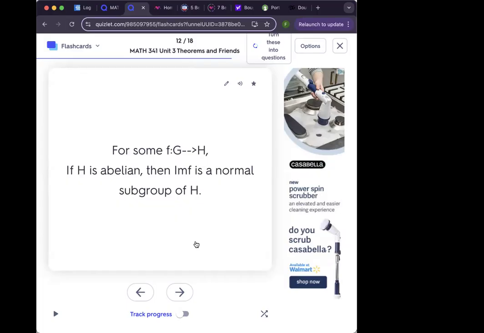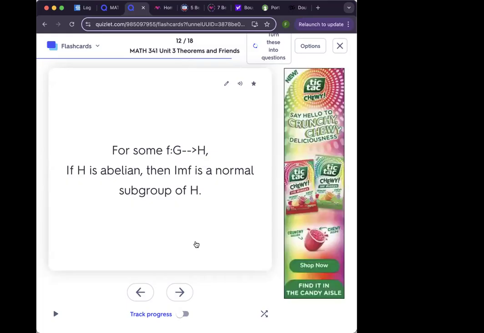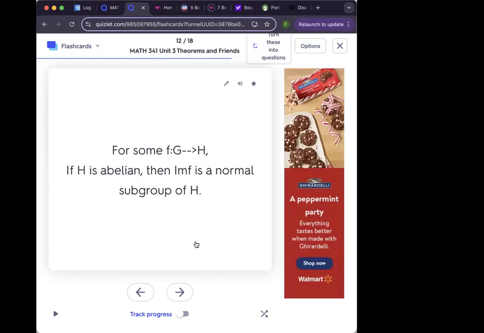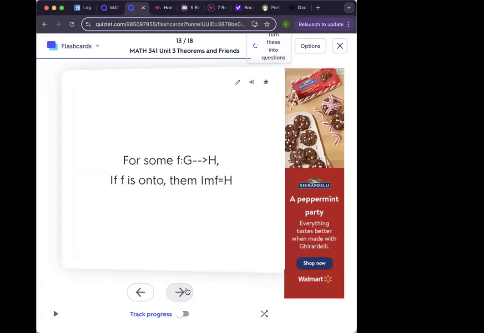For some F mapping G to H, if H is abelian, then the image of F is a normal subgroup of H. It's because image of F is always a subgroup of H, and we know that if H is abelian, then all of its subgroups are abelian, and that also leads to all of the subgroups being normal subgroups of the big abelian group.